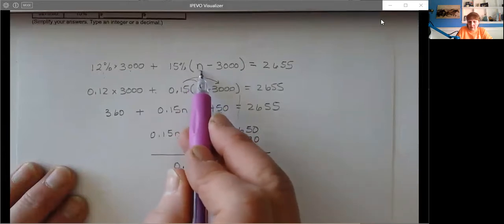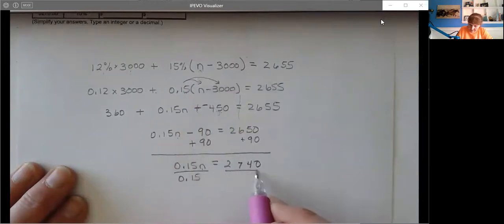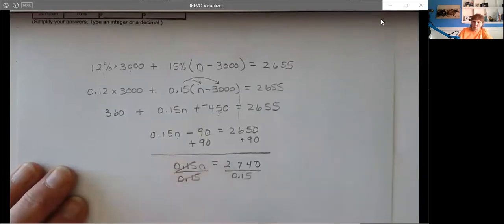So divide by 0.15. That'll leave the N by itself, or a 1N. This creates a 1. So 2,740 divided by 0.15. Oh, really? Let me make sure I copied it down right.